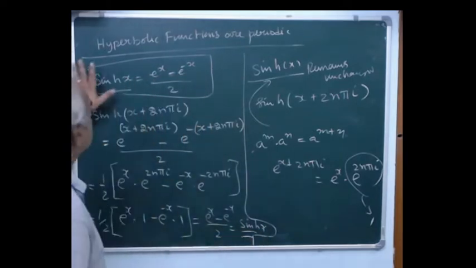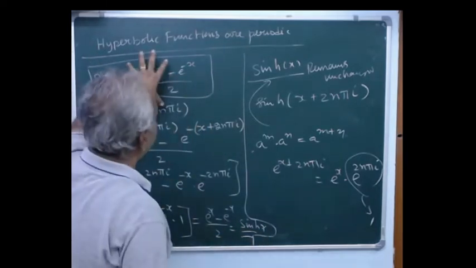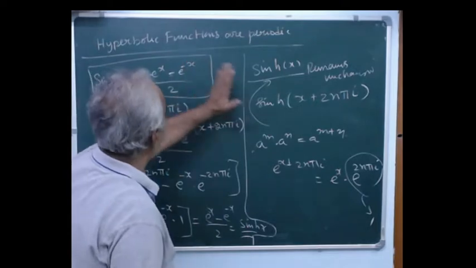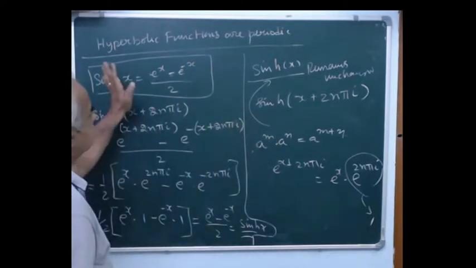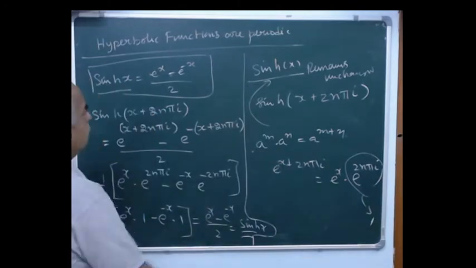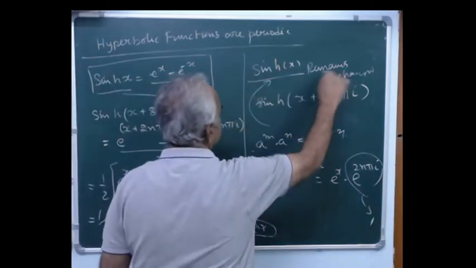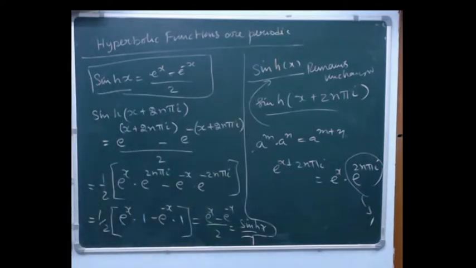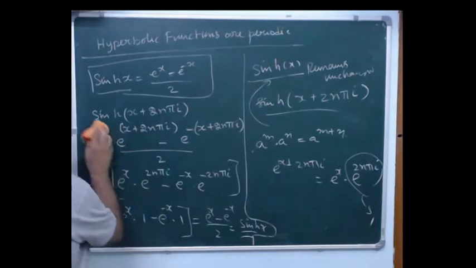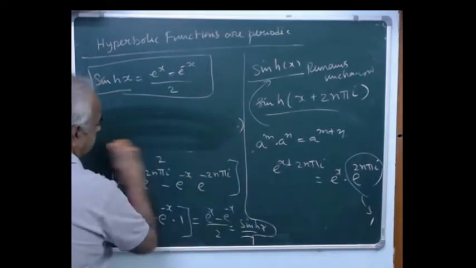So irrespective of whether 2nπi is added or not, this remains unchanged. So sinh x remains unchanged. Similarly we can prove it for cosh x as well as tanh x.